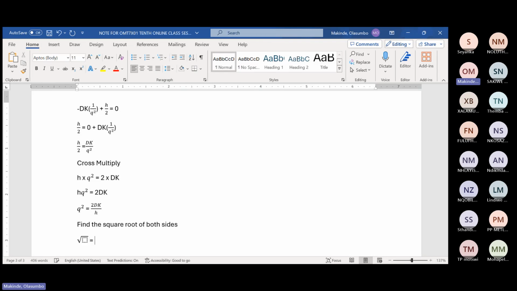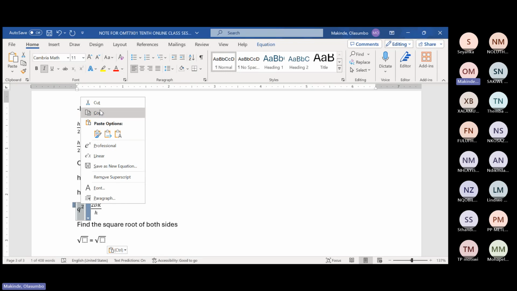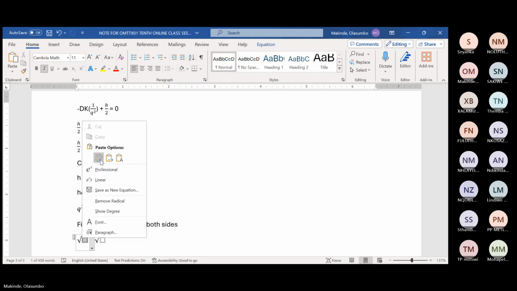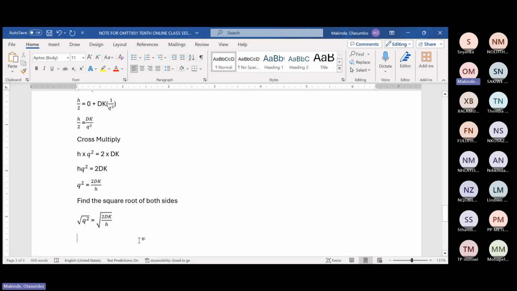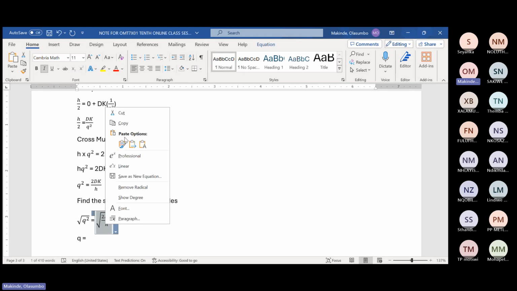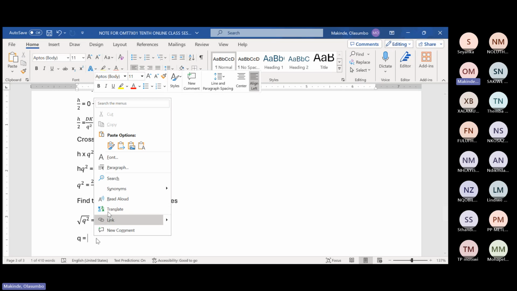Copy, paste it inside, find the square root of this also, so that you can get q. And that means based on this, now you have q, which is equal to this square root of 2 dk or 2 kd over h.